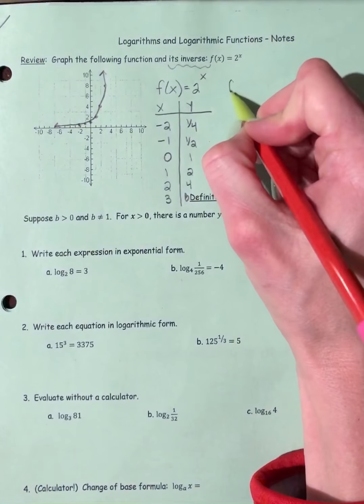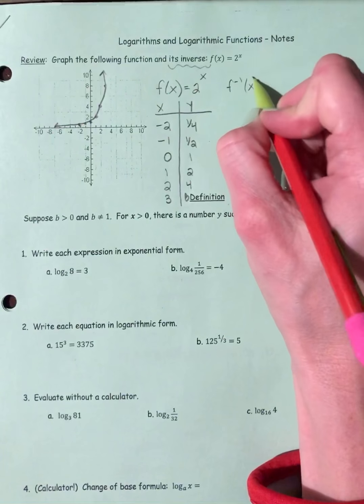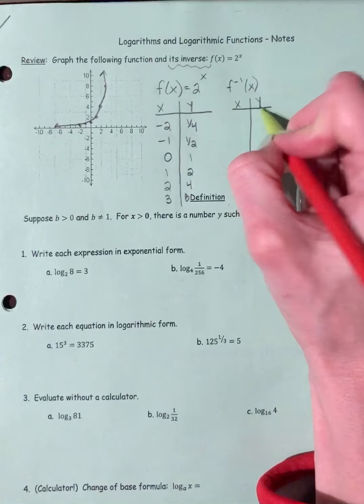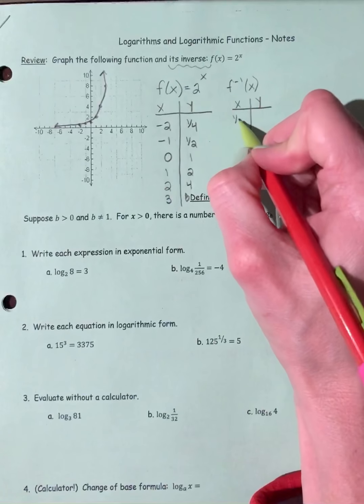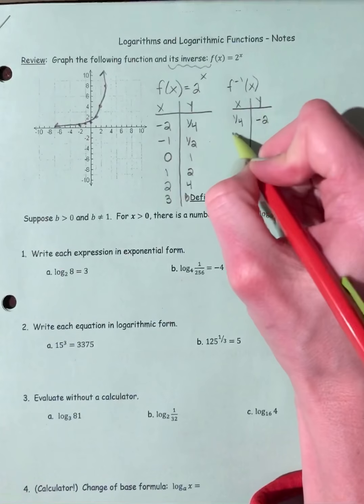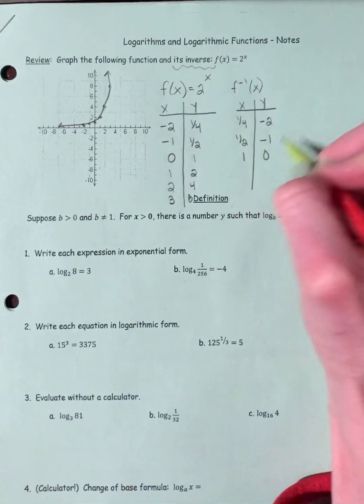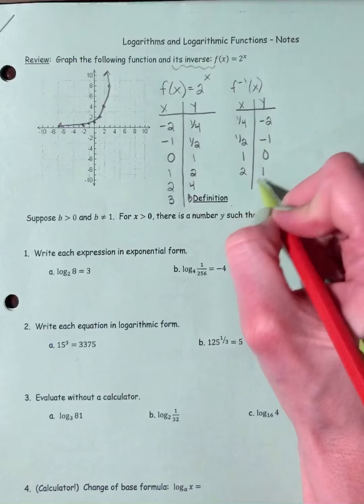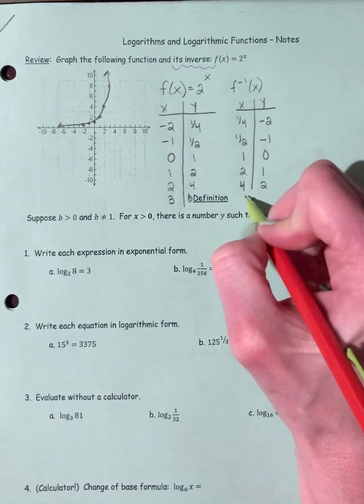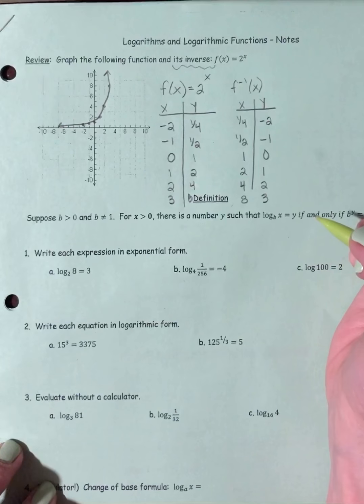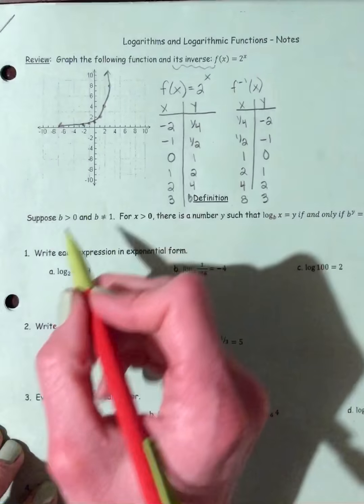So from here, I'm going to make my T-chart of the inverse function just by changing the x and y values. And then once you do that, you can graph that inverse function.